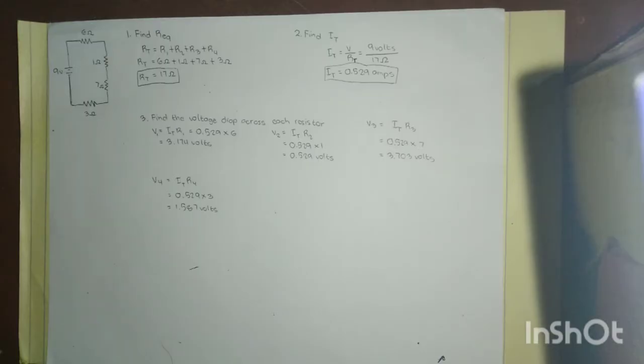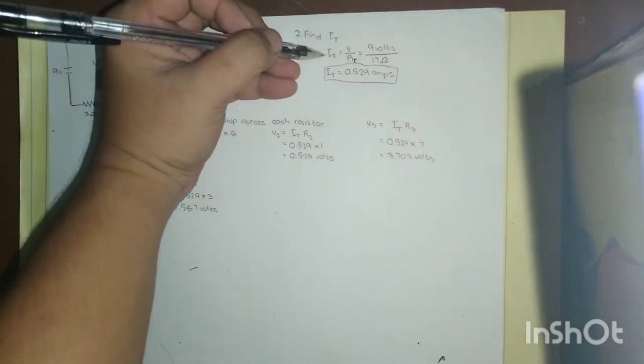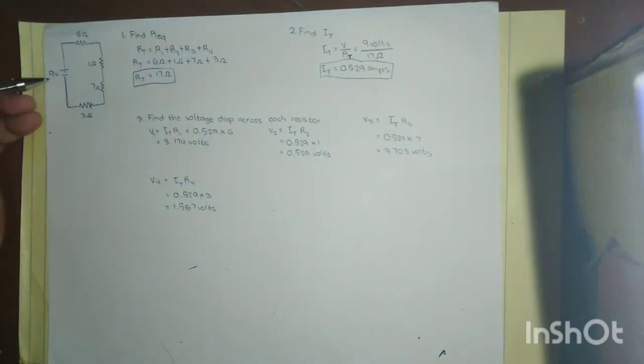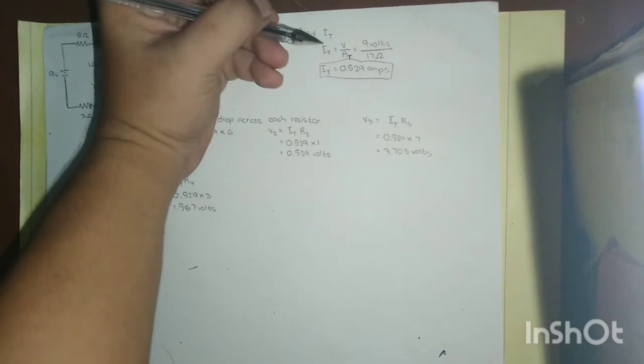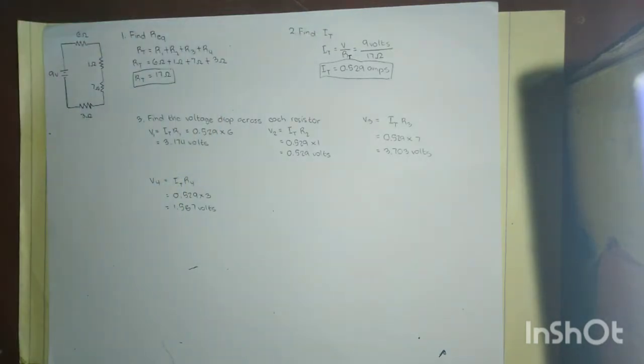Number 2, find the total current. To find the total current of a series circuit, we need the formula IT, or the total current, is equal to V, or the voltage of the battery, divided by RT, or the total resistance.